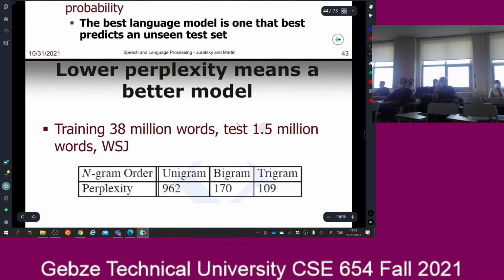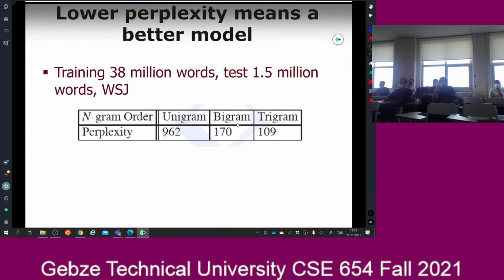What kind of values are we talking about? This, for example, is the Wall Street Journal dataset. Remember our unigram, bigram, and trigram language models. Very primitive model, a little bit better, a little bit better. So as you see, trigram perplexity is much smaller than unigram perplexity.